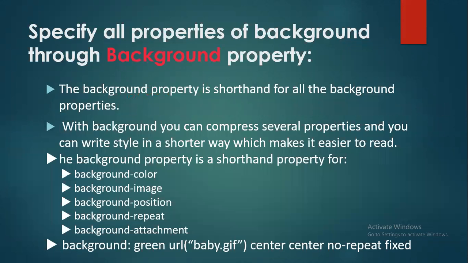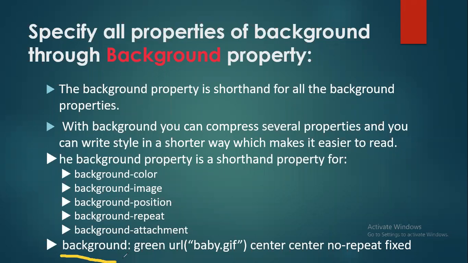Now we have the shorthand property. The background property is the shorthand property for all the background properties. With the background property, you can compress several properties and write the style in a shorter way, which makes it easier to read. You are supposed to write in a particular order.